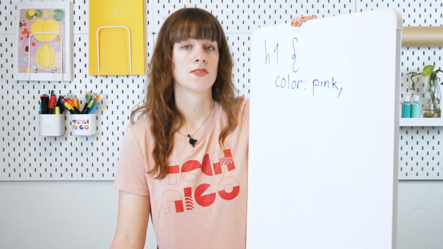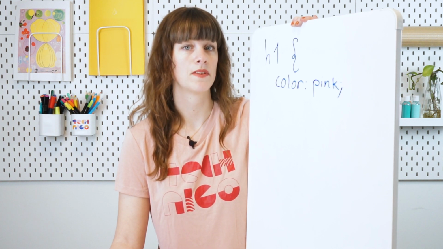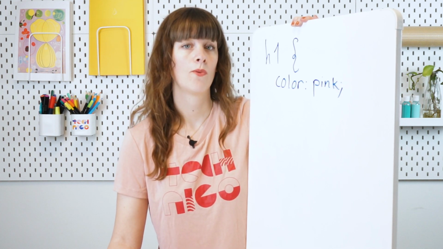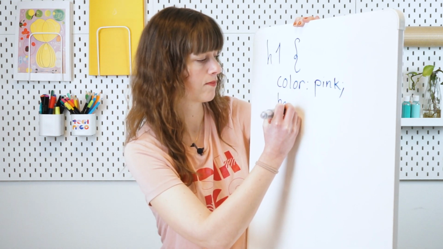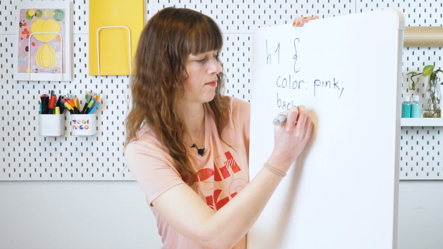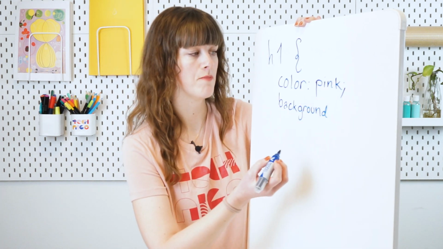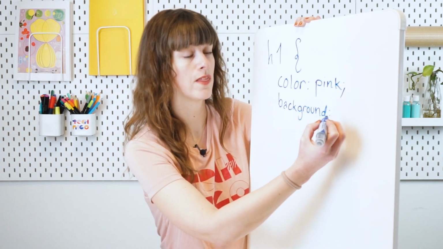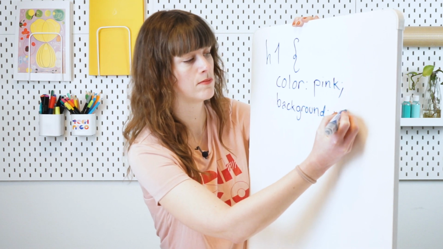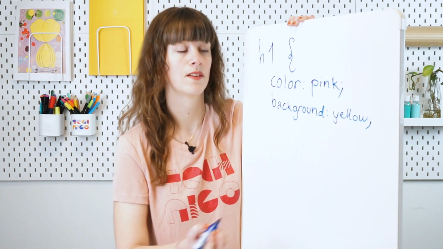We can also change the background color of an element, and then we can use the property background. So we write it in the same way. The property's name, colon, and then the value. And end with a semicolon.